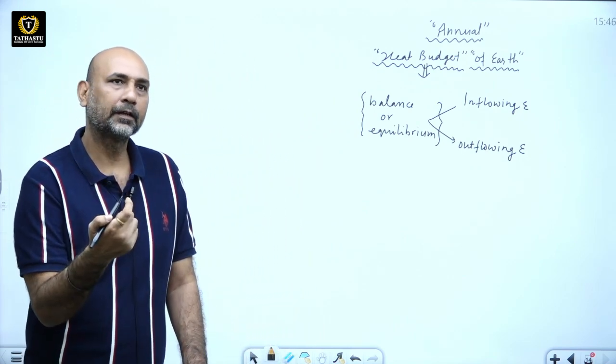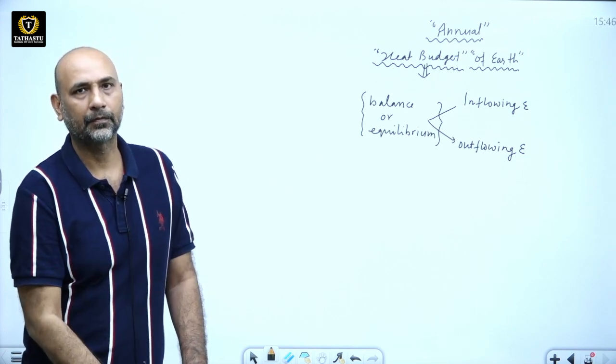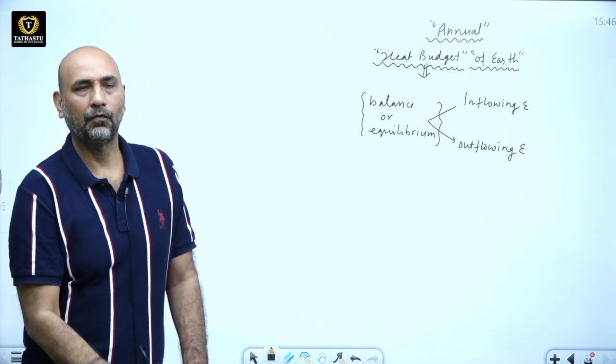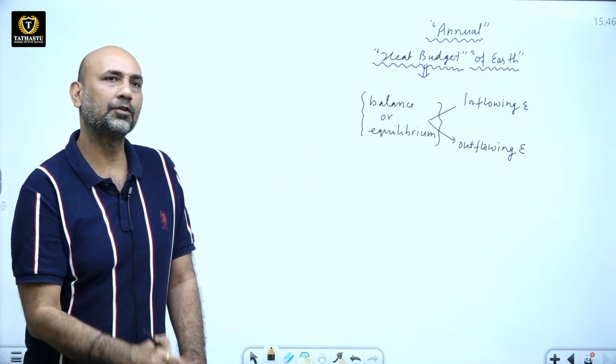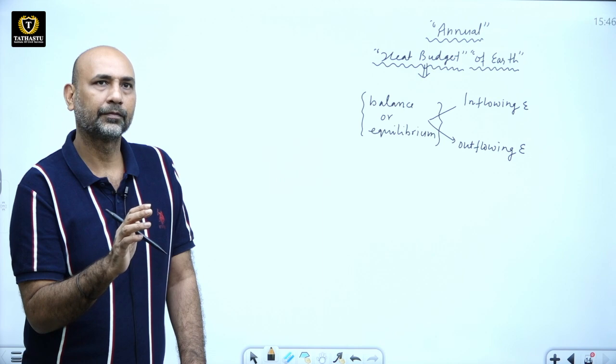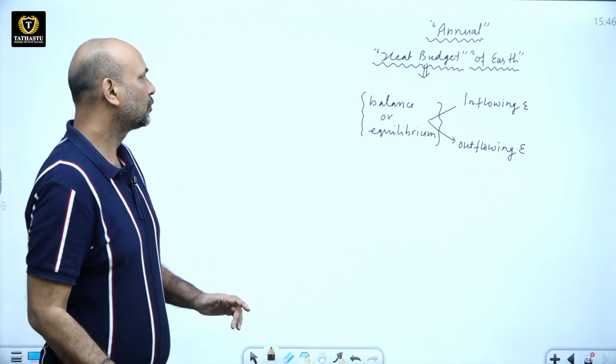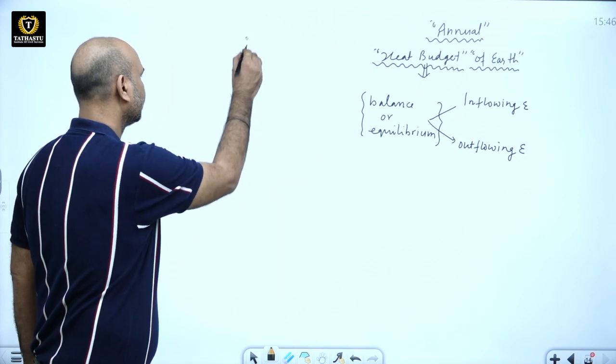While we cover, this is the note you need to write somewhere else. While we are covering climatology and geomorphology, we need to keep in mind these two laws of thermodynamics.